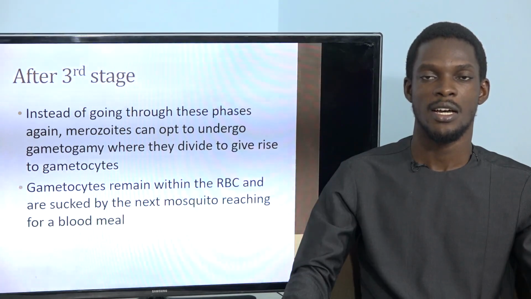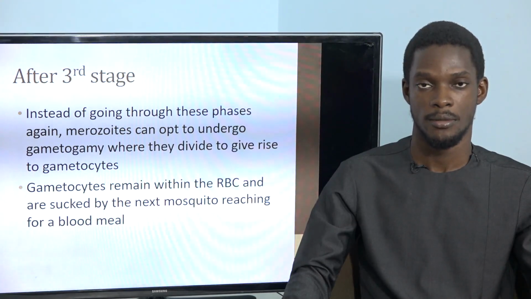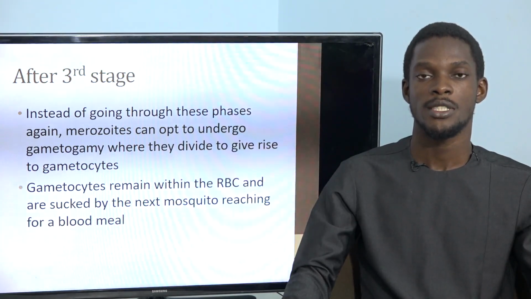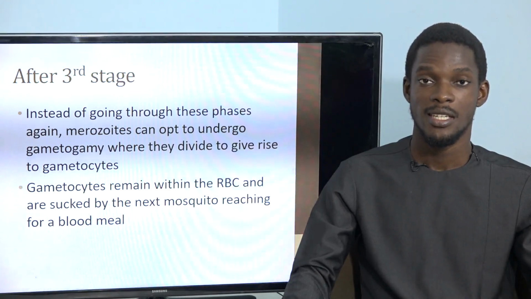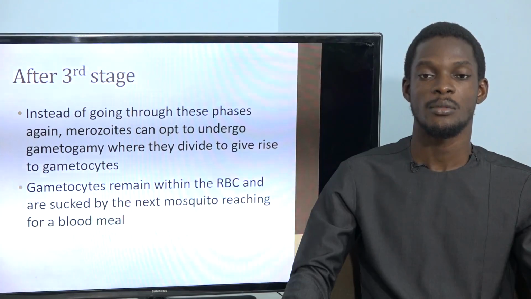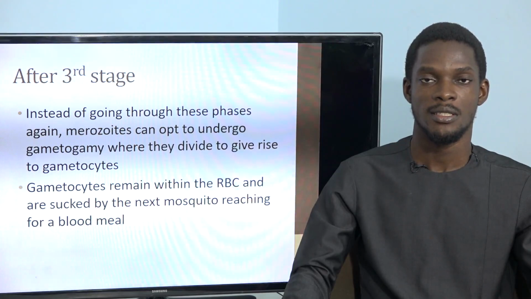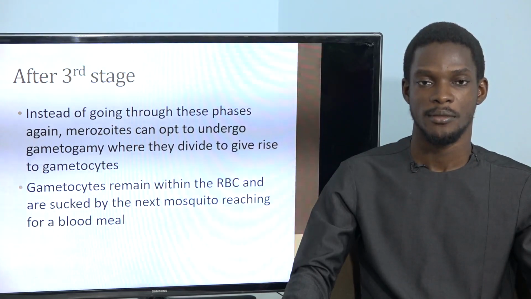And you know that gametes only undergo sexual reproduction. So these gametocytes sit within the red blood cell and wait until another mosquito comes in and sucks these gametocytes from the body of the person through a blood meal.